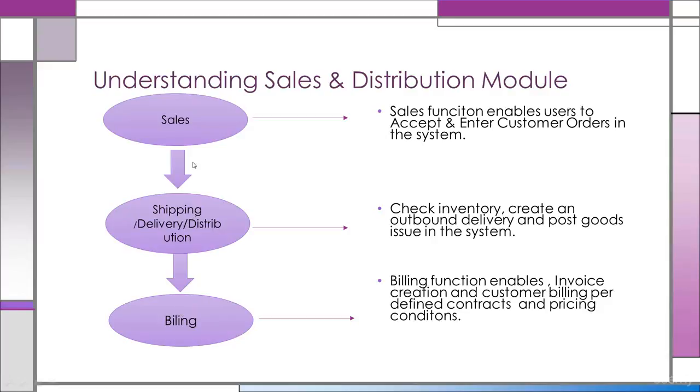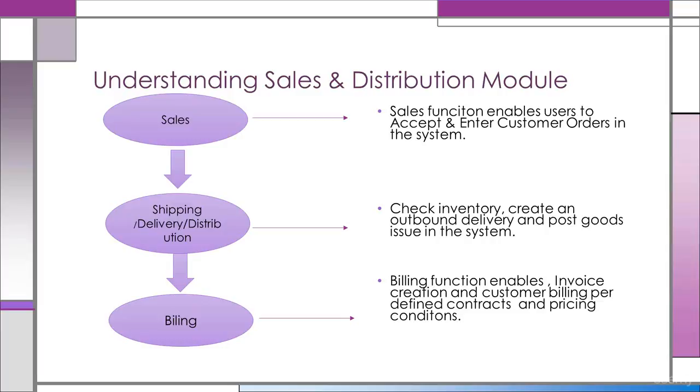So you have to bill the customer for the product we sent to them, right? The billing function basically enables invoice creation and customer billing. Every customer will have a contract. For example, some customer will sign up a contract that we will buy the product from you for another 6 months if you give us some discount, right?